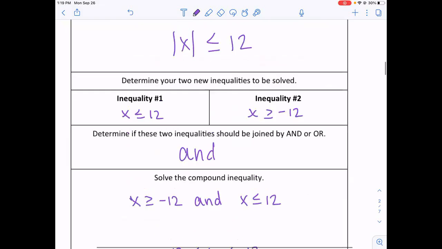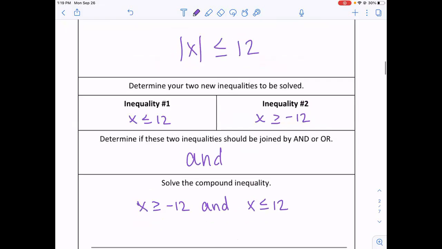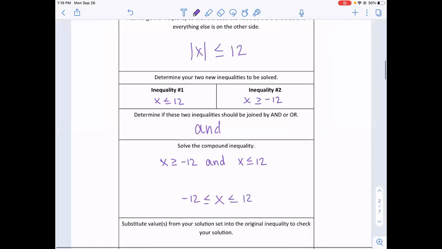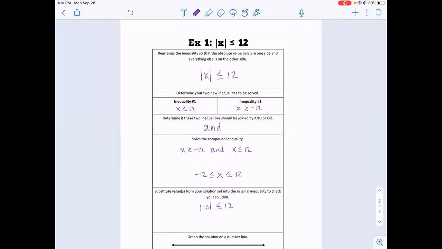So if we come up here and we plug in 10, is the absolute value of 10 less than or equal to 12? Okay, good. I just want to make sure that we at least pick a number from that interval and we check it. Make sure that we have our signs going the right way.